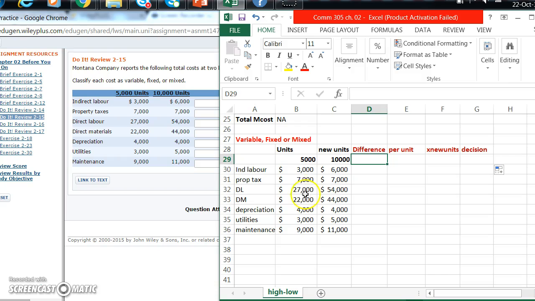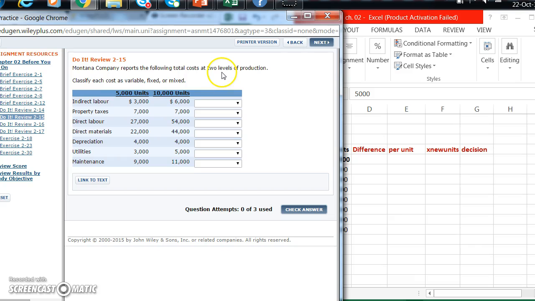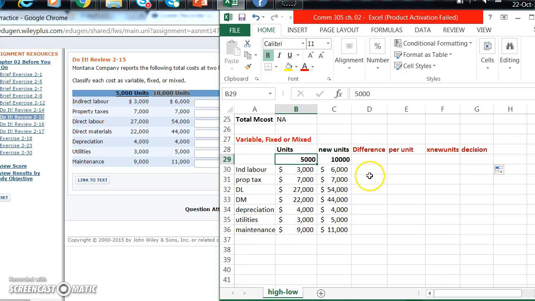I already plugged in the numbers and the activities here, the costs, and we know that we have the low level of production, which is 5,000 units, and the high level of production, which is 10,000 units.